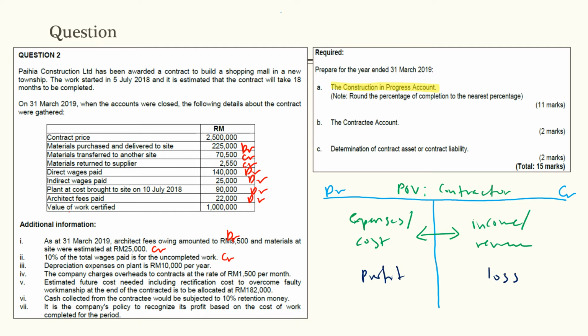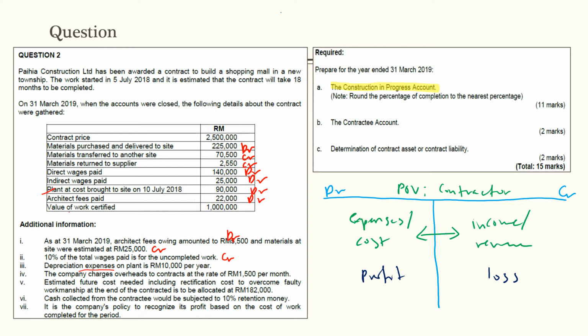Number 3, depreciation expense on the plant is 10,000 per year. Here we know that we have to find the carrying value of the plant which was brought in early July for the contract. Therefore, you have to calculate the depreciation expense and adjust it against the cost to get the carrying value at the end of the year.